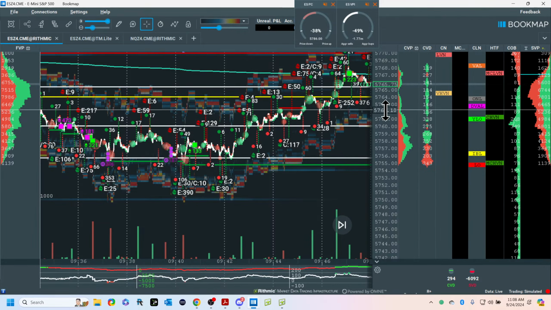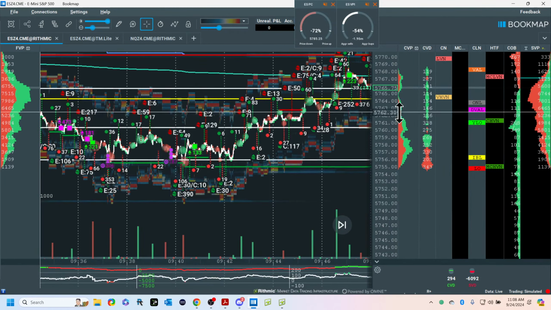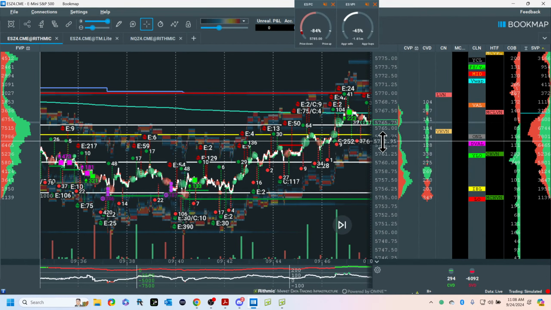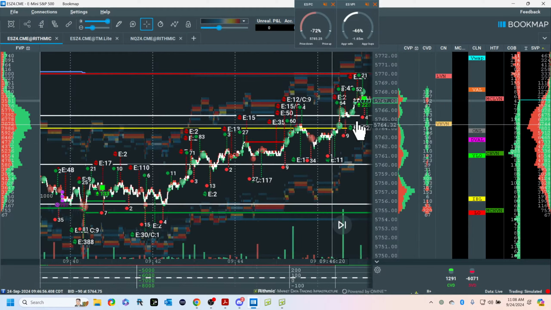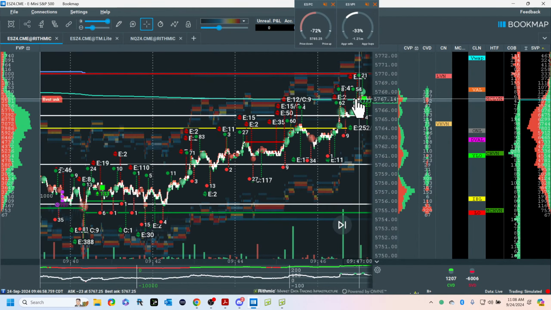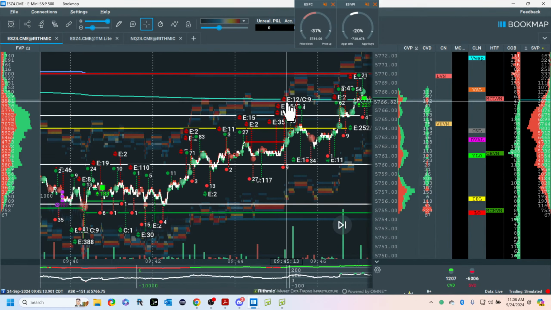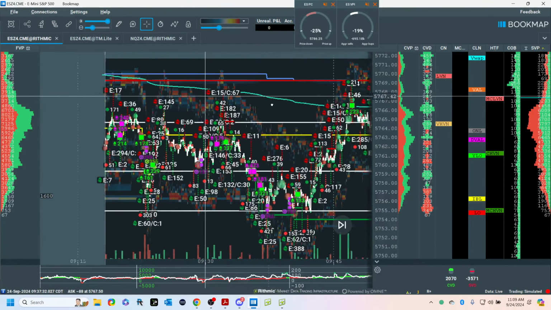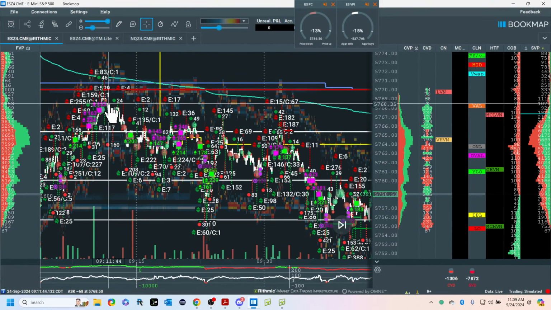I posted in the TraderLab that it is not qualified. And I got some questions, why not? I'm going to tell you the primary reason. The primary reason is the range from the VWAP to the VPOC. The structured trade is from here to here, and then potentially rotational. So it would be from here to here. But what do I know? Let's see what I know. What I know is this is a swing.